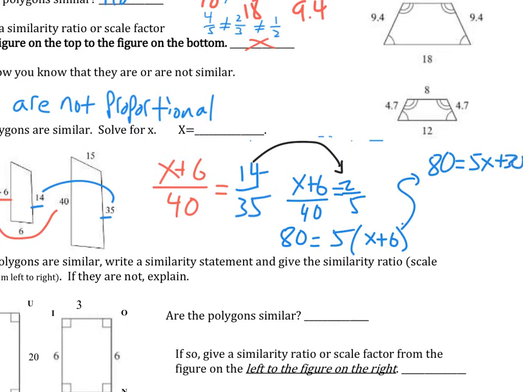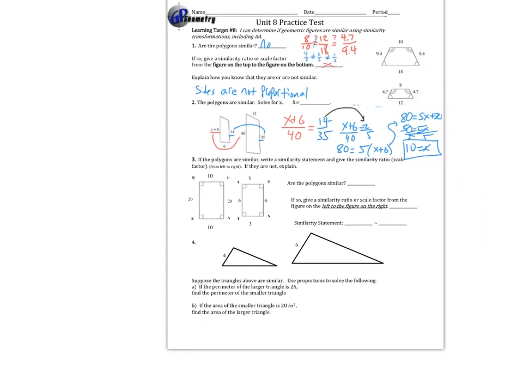Subtract 30 from both sides. And we divide by 5. Last but not least, we get 10. So that's how we find a missing side.